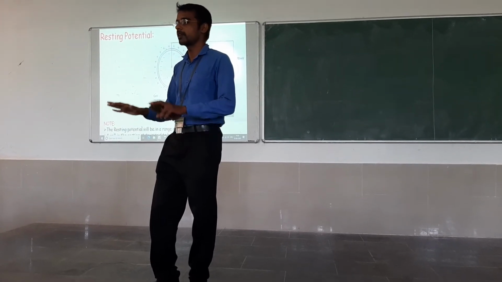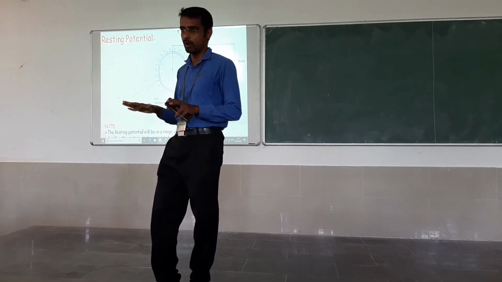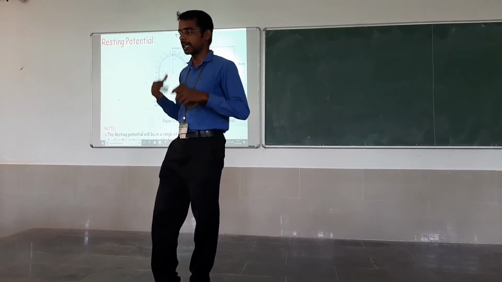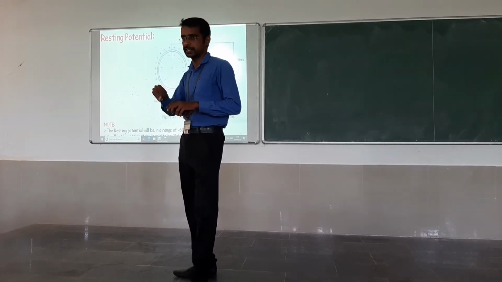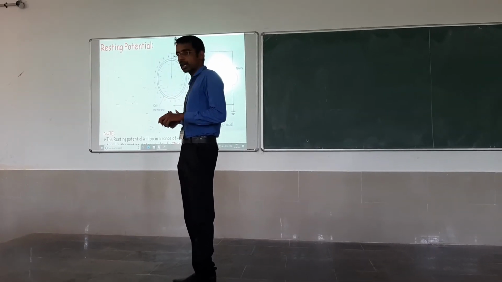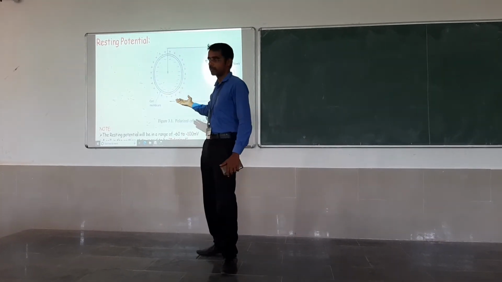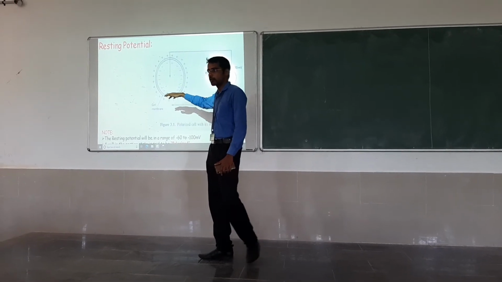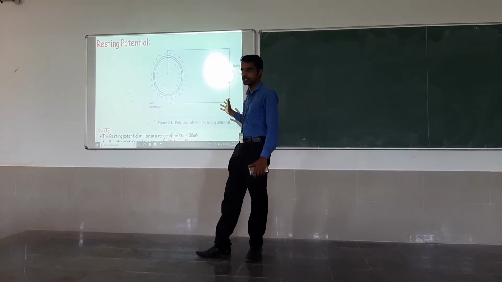So is it clear? When there is no motion in the body, the cell is at a state where the ions align themselves in this way: the negatively charged ions, chloride ions, inside, and the positively charged ions outside the cellular wall.